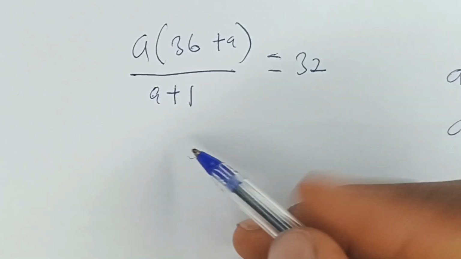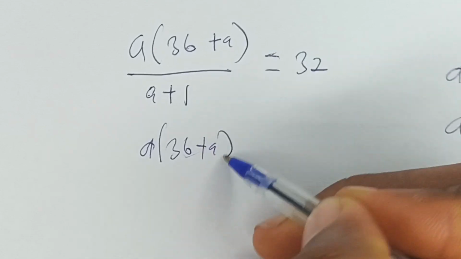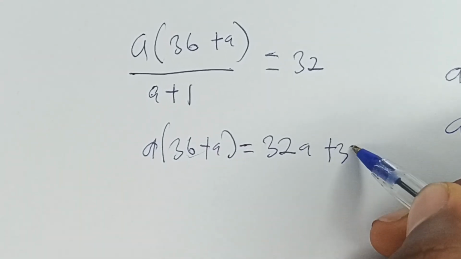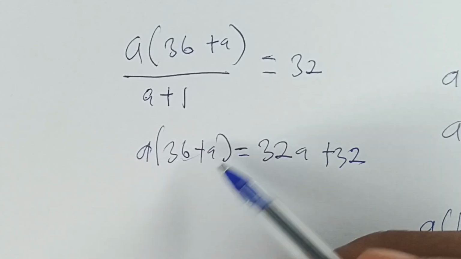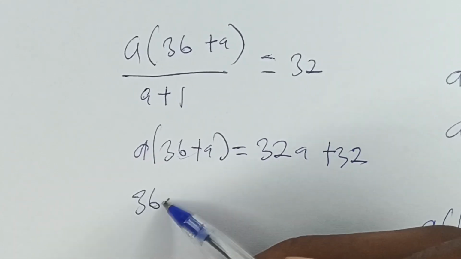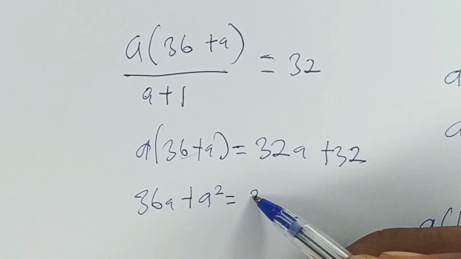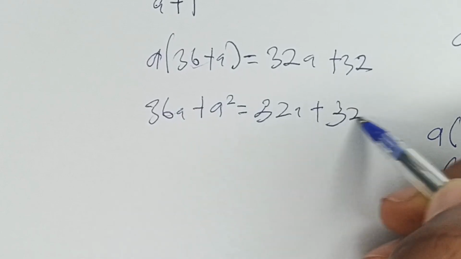Alright, now from here let's cross multiply. So cross multiplying, we now have A into 36 plus A is equal to 32A plus 32. Expanding this, it becomes 36A plus A squared is equal to 32A plus 32.